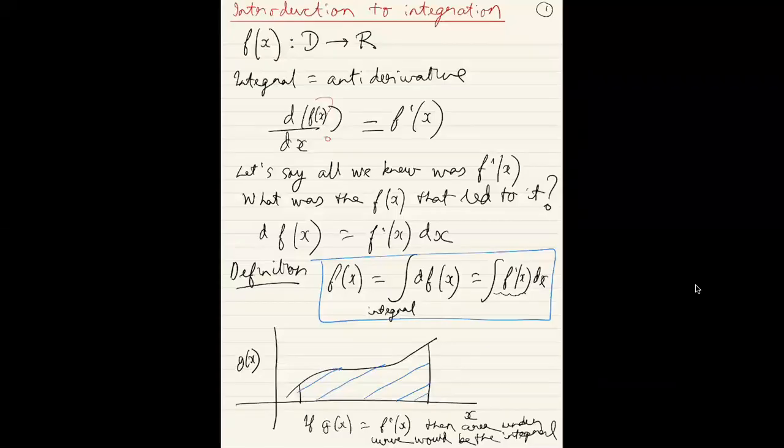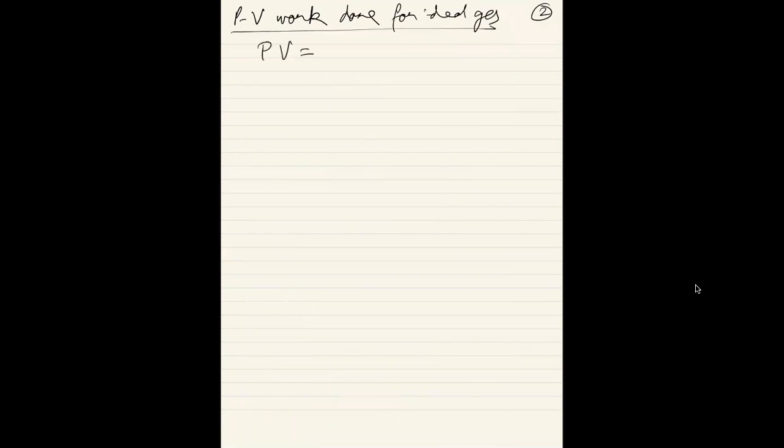Specifically, in order to understand this, let's look at one of the most basic examples from physical chemistry, which is pressure volume work done for the case of an ideal gas. So for an ideal gas, we know that pressure multiplied by volume is equal to nRT.